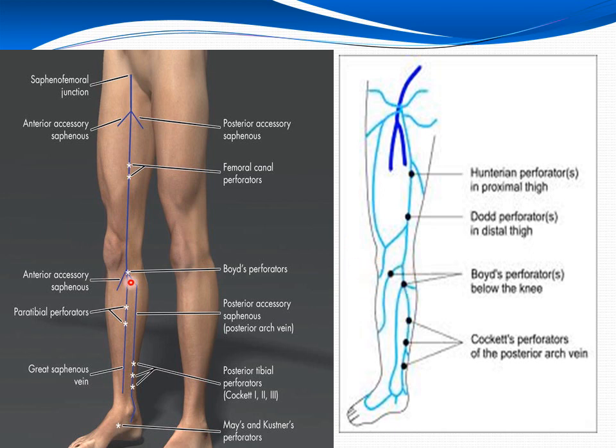Just below the knee, you can see here, and it is close to the medial border of the tibia. I repeat, a knee perforator. It connects great saphenous vein with the posterior tibial vein below the knee and close to the medial border of the tibia. That is also known as the Boyd's perforator.